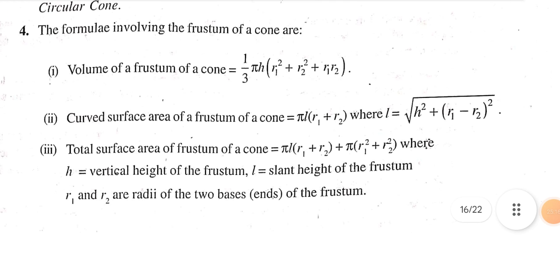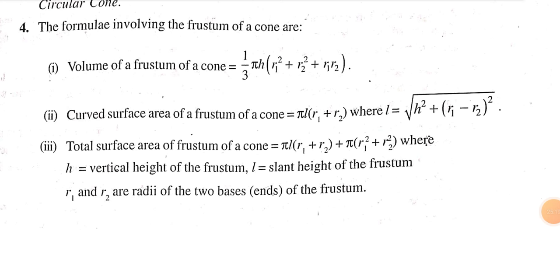2. Curved surface area of a frustum of a cone is equal to pi l (r1 plus r2), where l is equal to root of h square plus (r1 minus r2) whole square. 3.